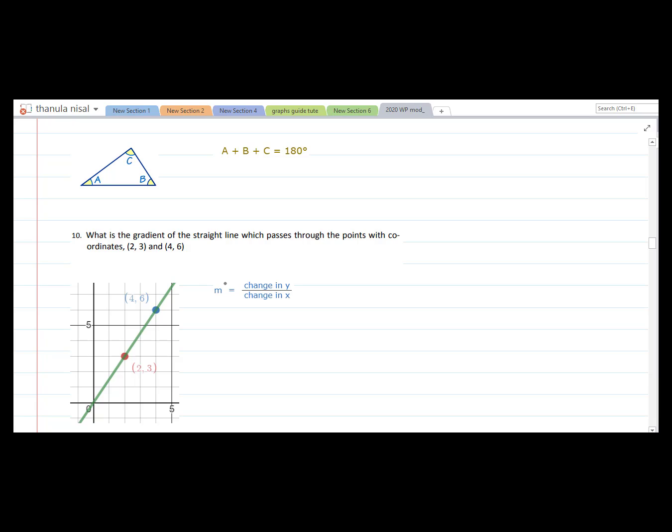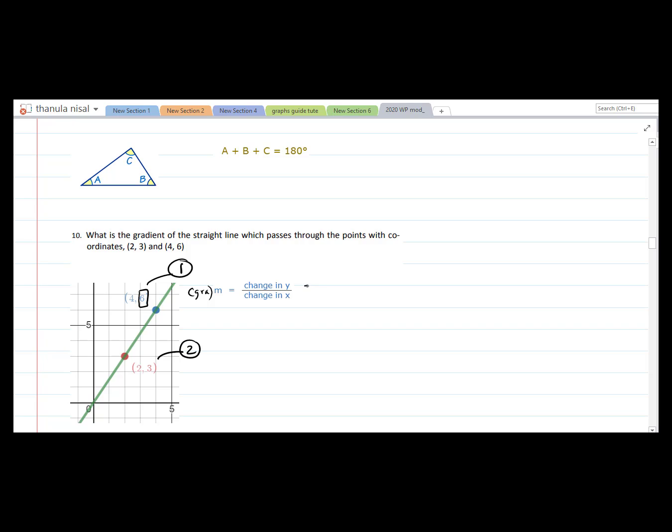Gradient is equal to m. We can find it using two coordinates.